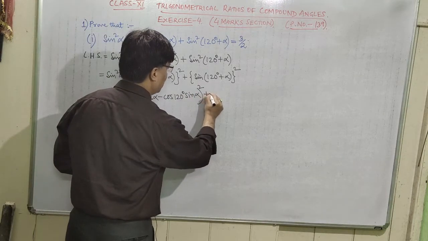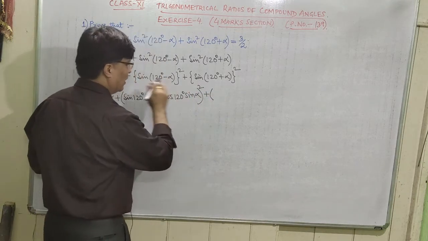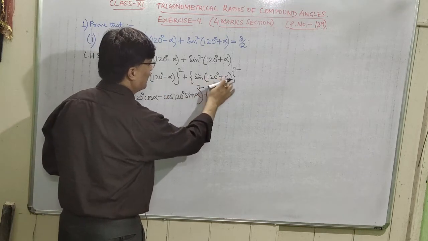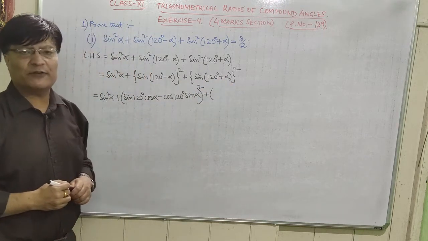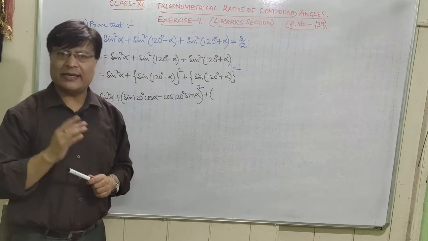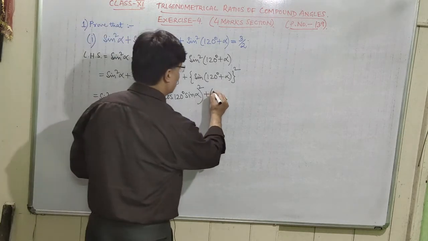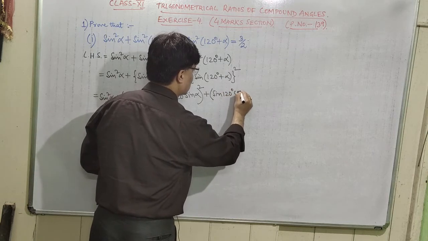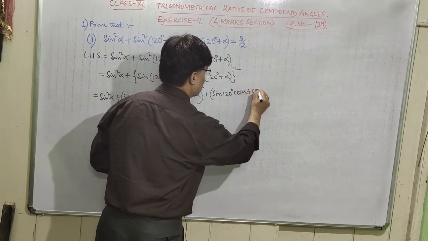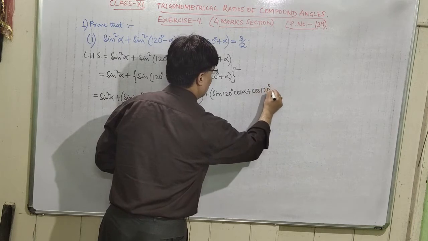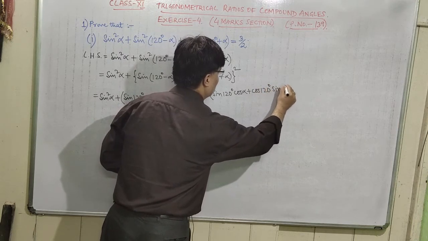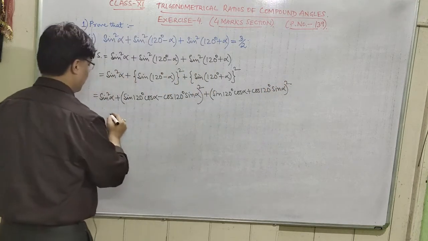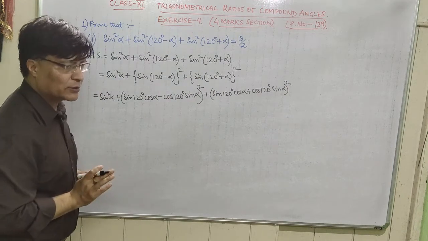Similarly, plus within bracket this is your sine of a plus b. What is the formula for sine of a plus b? Sine a cos b plus cos a sine b. So this is sine 120 cos alpha plus cos 120 sine alpha. This is your whole square. So I think you've understood it.